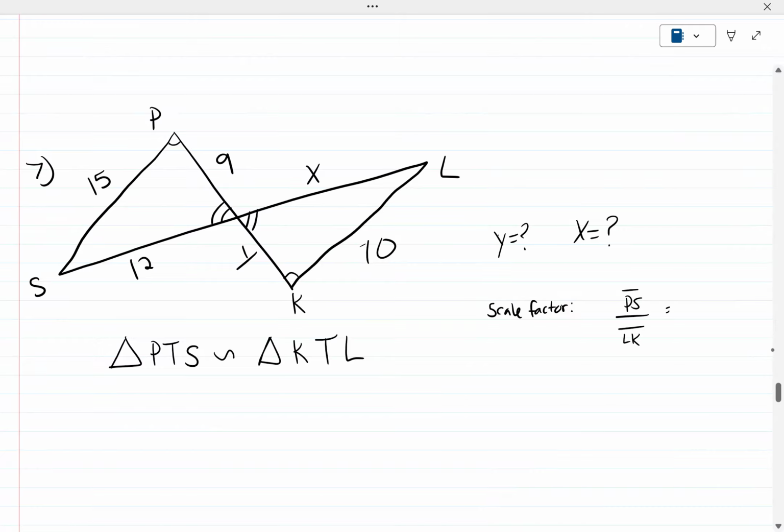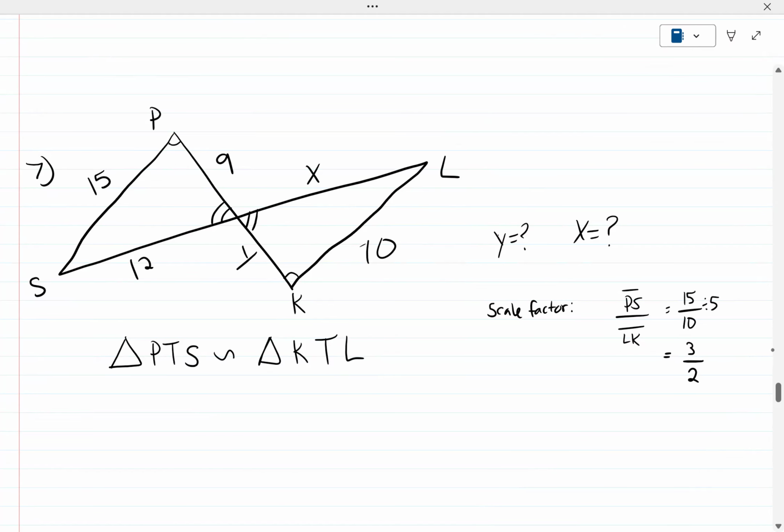Line segment PS is 15, line segment LK is 10. That can be reduced by 5. 15 divided by 5 is 3, 10 divided by 5 is 2. Now set up your proportion.